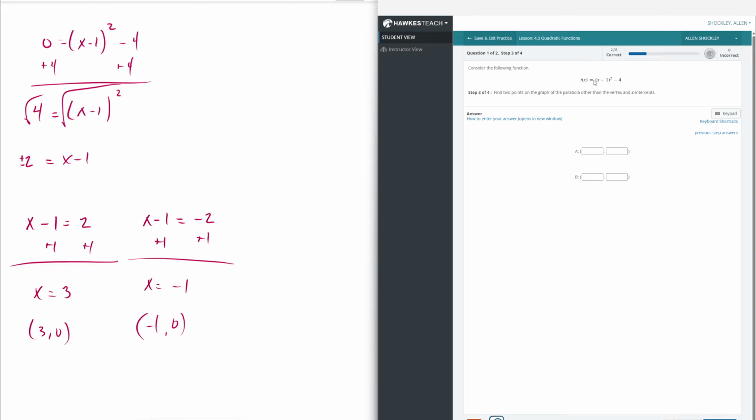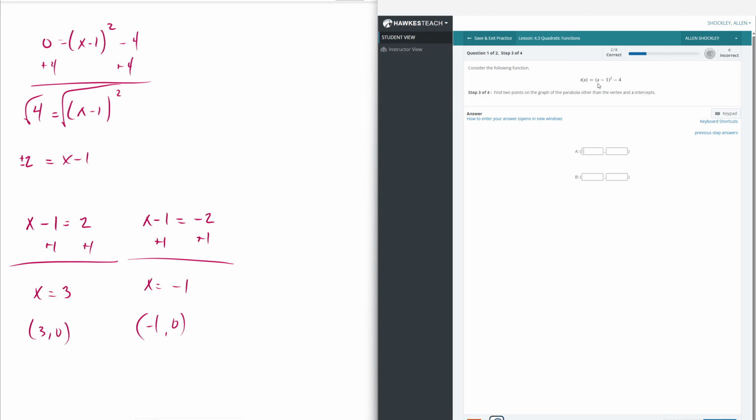So now this is our new graph, so we can ignore all the work that we've done up above. Find 2 points on the graph of the parabola other than the vertex and x-intercepts. So really what it wants you to do is just plug in numbers for x.